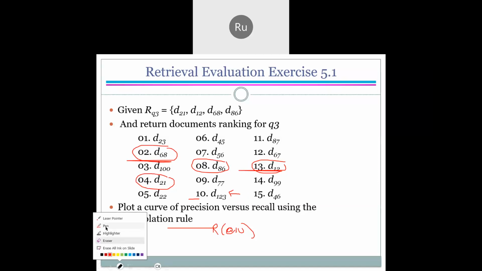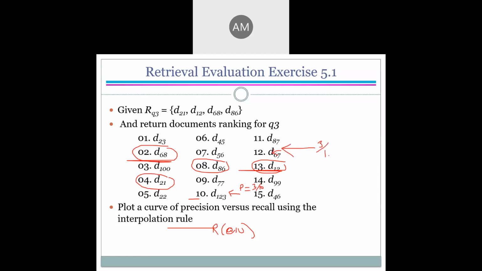So what is the precision here? 3/10, right? Okay, what is the precision over here? 3/11. And here?